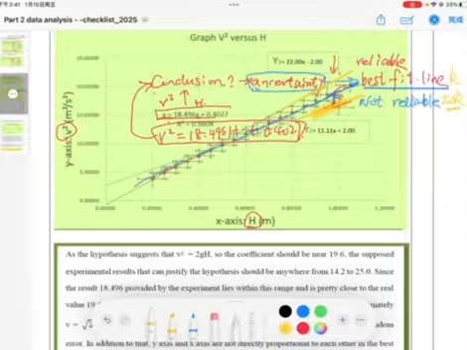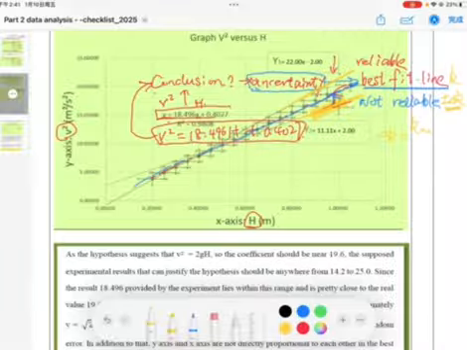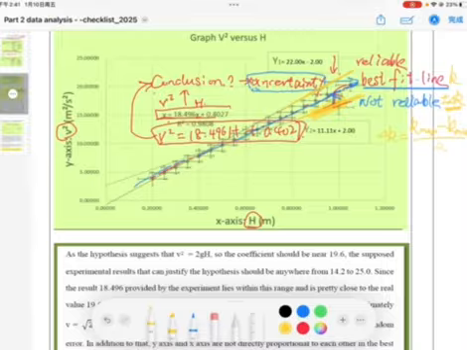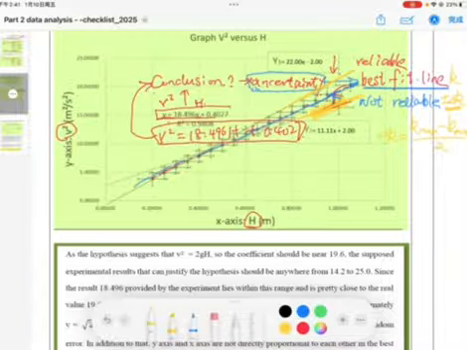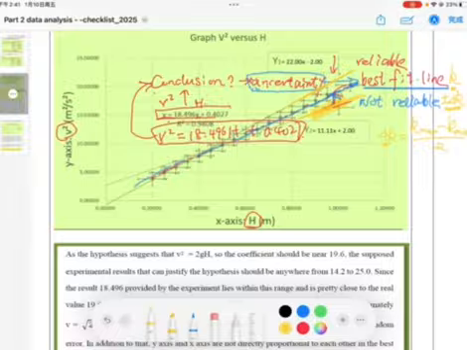So you are going to use k maximum minus k minimum, divided by 2, as the uncertainty of your k, which indicates the uncertainty of your conclusion.